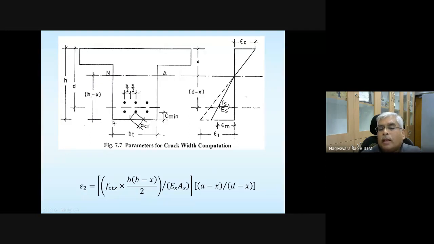Okay. And the reinforcement is shown for generality as two layers. Okay. The spacing between the reinforcement is S, and with respect to the midpoint, the distances are shown here, S divided by 2.